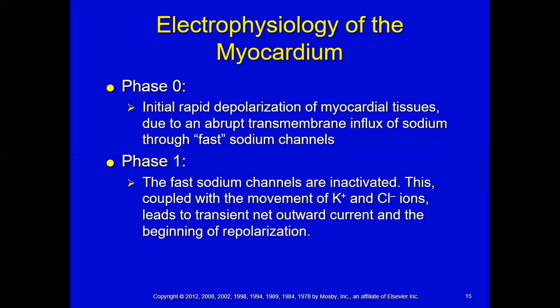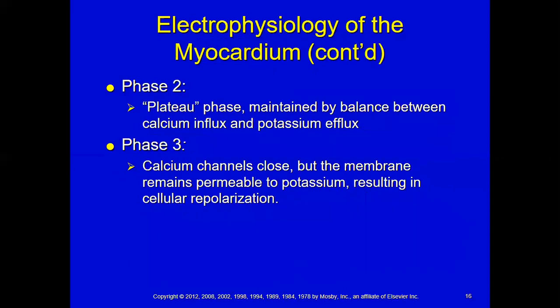And then phase 1, the sodium channels are inactivated, and because they're inactivated, now potassium and chloride are going to come in, and we're going to start to get repolarization, okay?